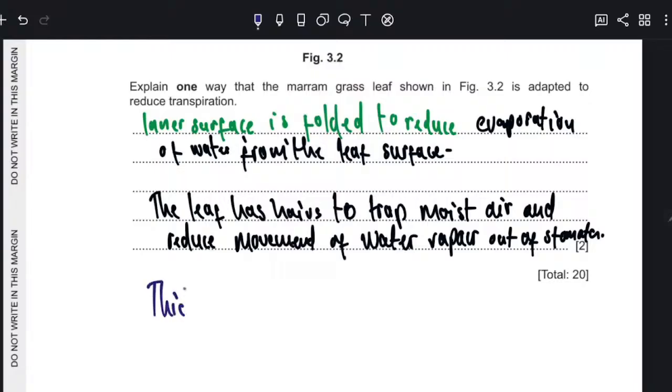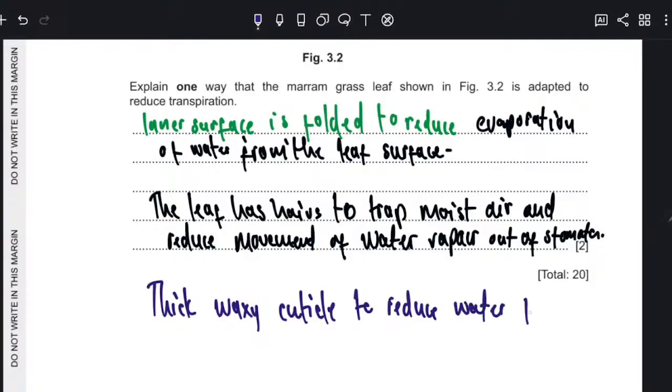You can say thick waxy cuticle to reduce water loss by evaporation. Okay? Because the waxy cuticle is waterproof. Are we together?